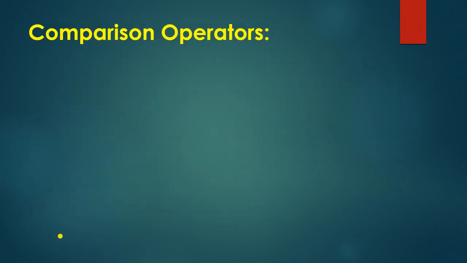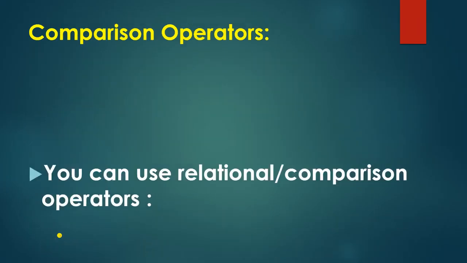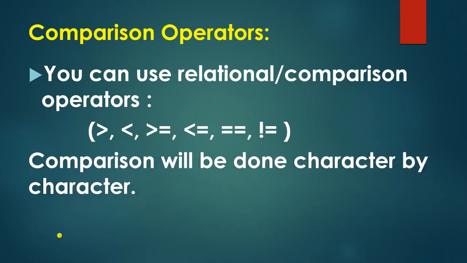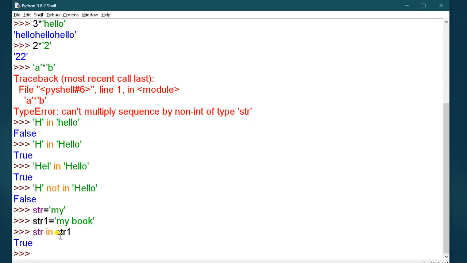Now next is your comparison operator. You can use the relational or the comparison operators. You already worked on these. The comparison will be done character by character. How will it work?